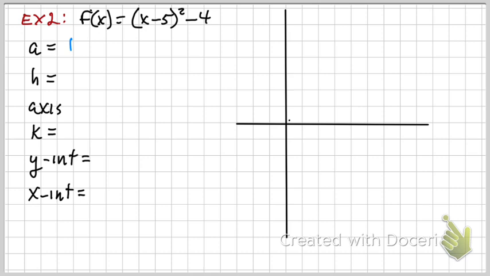What's h? 5. Thank you. That means the axis is x equals 5. Here's my axis. What's k?